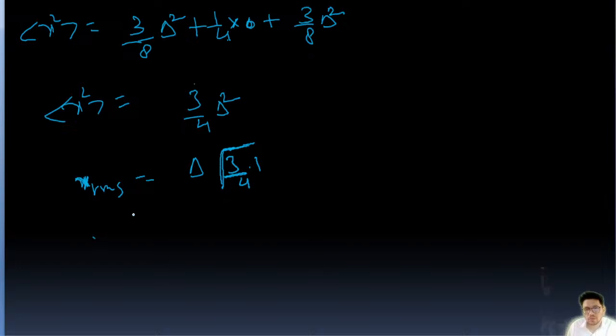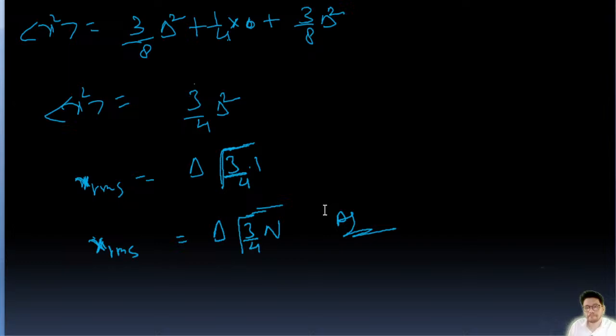So for any number of steps, the root mean square displacement is going to be delta root 3 by 4 n, with n equal to 1. So this is the answer, guys.